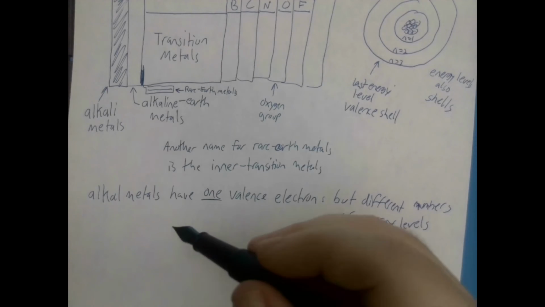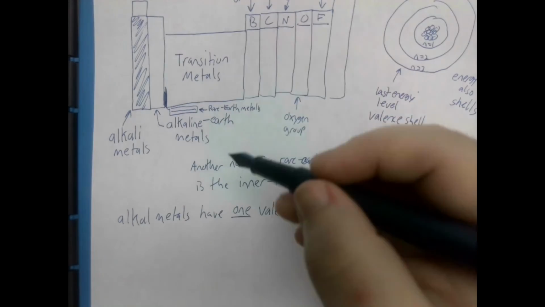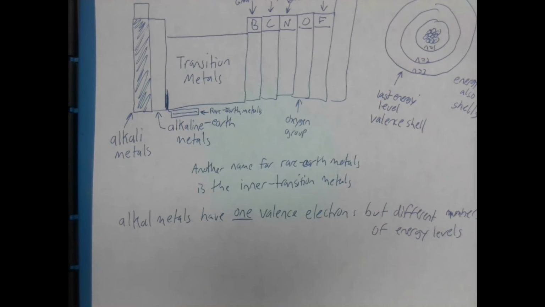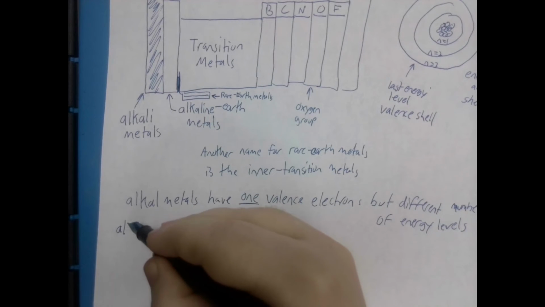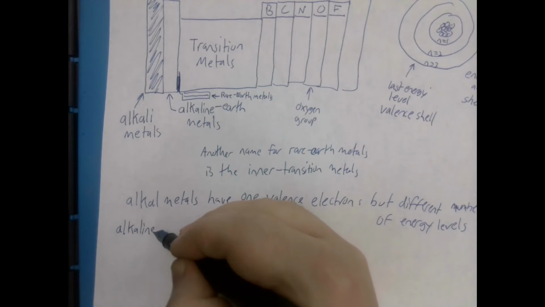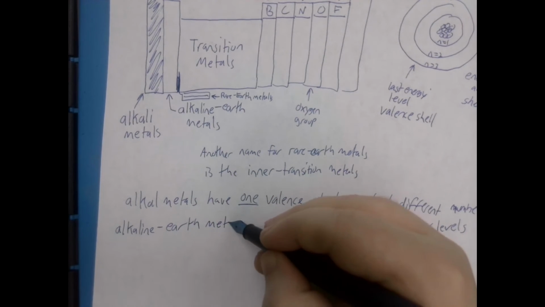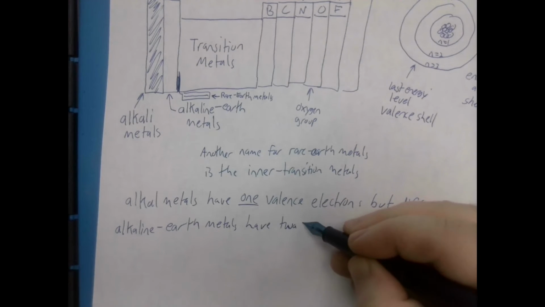So the alkaline earth metals all have what in common? They all have two valence. Yes, so alkaline earth metals have two valence electrons.